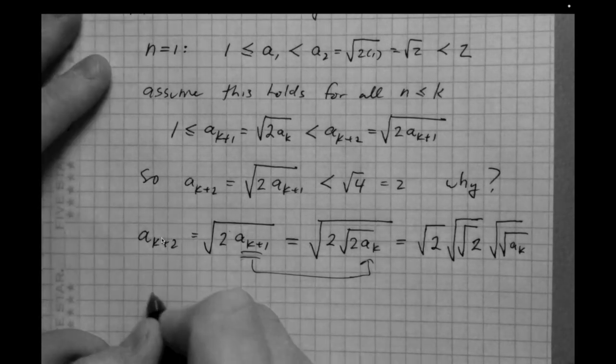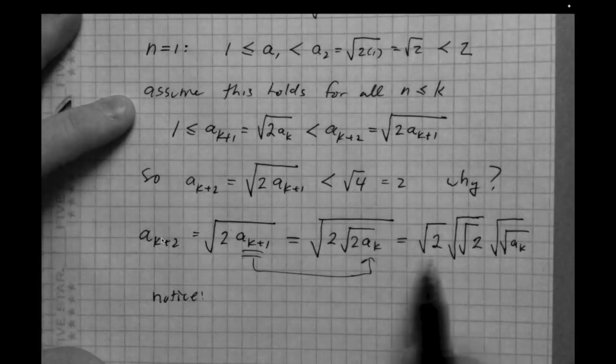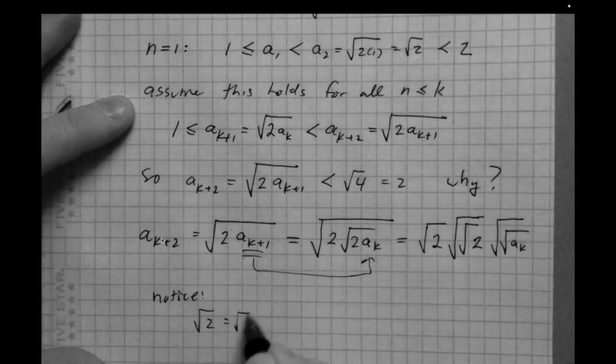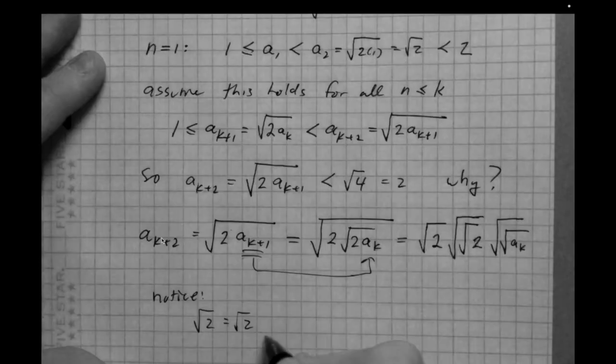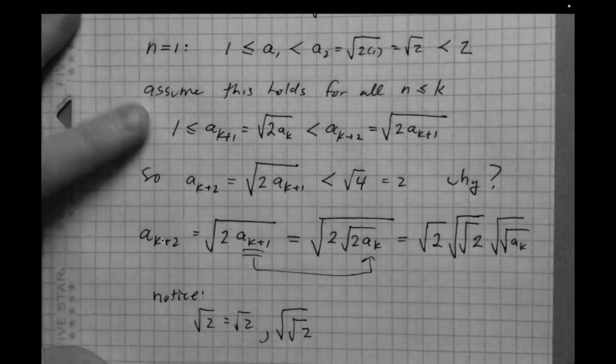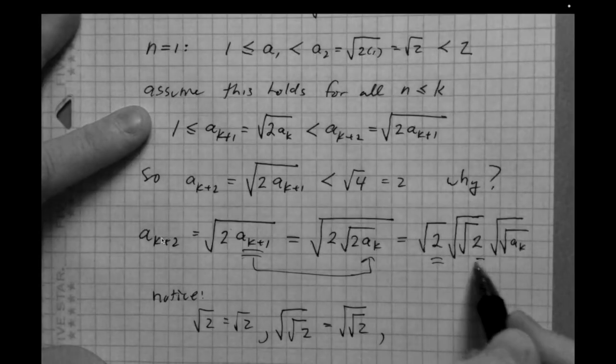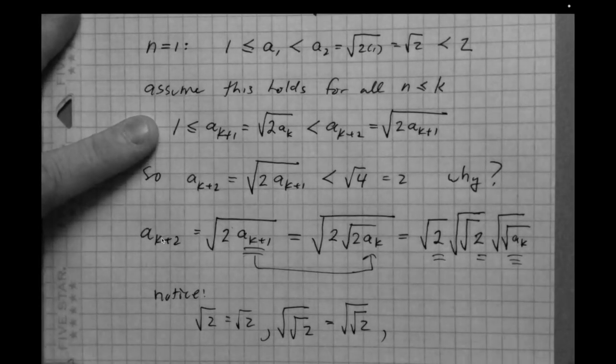Now notice that the first piece, the square root of 2, is just equal to the square root of 2. And the square root of the square root of 2 is just equal to the square root of the square root of 2. So we don't have to worry about those two pieces. What about this one?